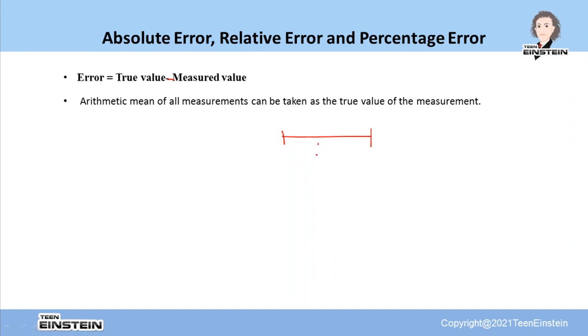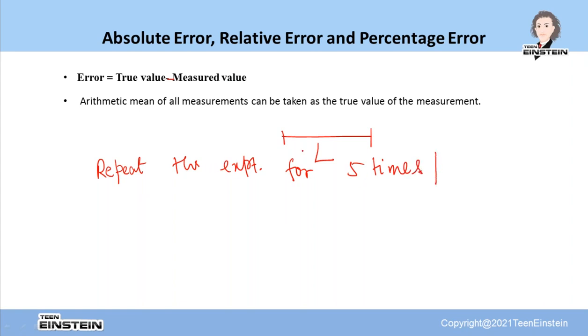Suppose I am measuring length with my meter scale. So what is the true value and what is the measured value? In any measurement we do in an experiment, we actually do repetition. Your teacher might be saying, repeat the experiment for a minimum of 5 times or 10 times, or maybe more.